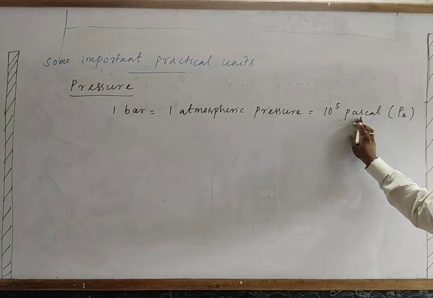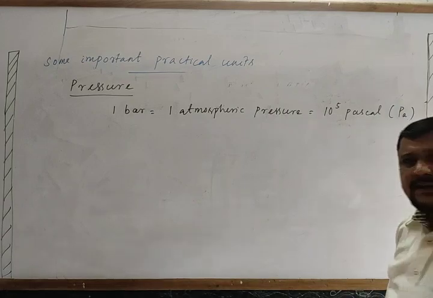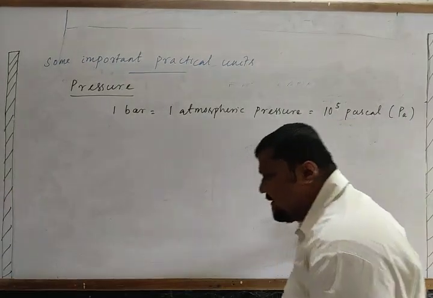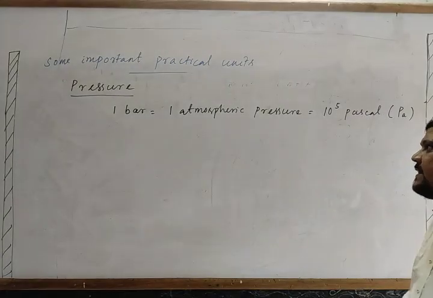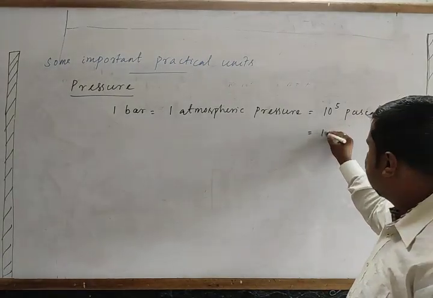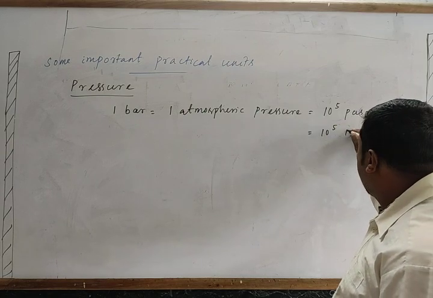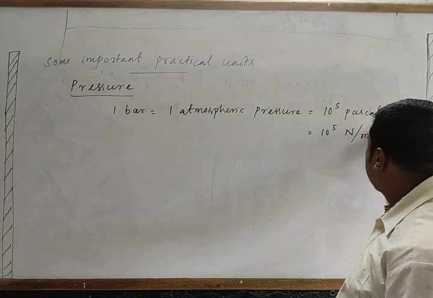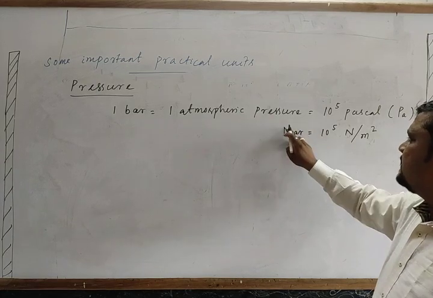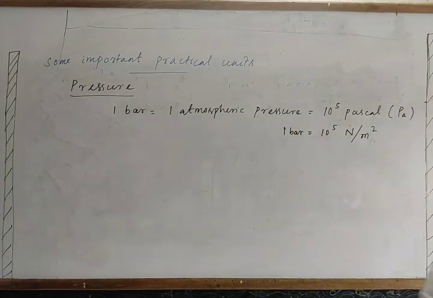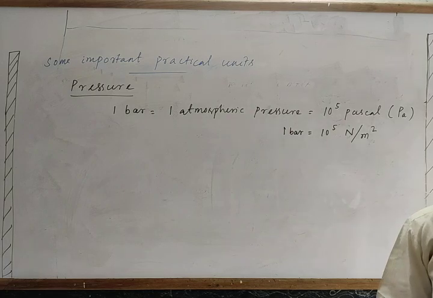What is Pascal? Pressure is a derived physical quantity and its unit is a derived unit. Pascal is nothing but Newton per meter square. So 1 bar is equal to 10 to the 5 Newton per meter square, or Pascal.